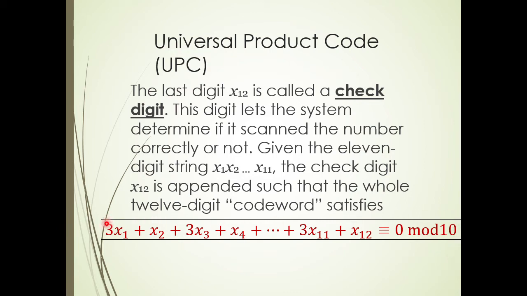For the check digit condition in UPC 12, the numbers in the odd places are multiplied by 3 and the numbers in the even places are just copied. Now the total sum should be divisible by 10. So let's demonstrate this check digit condition in an example.